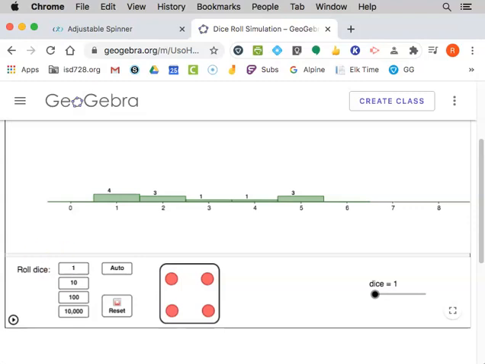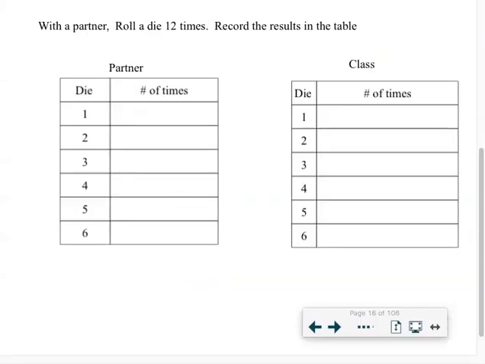And I actually didn't have any 6s. So it was 4 1s, 3 2s, 1 3, 1 4, and 3 5s. I had 0 6s.